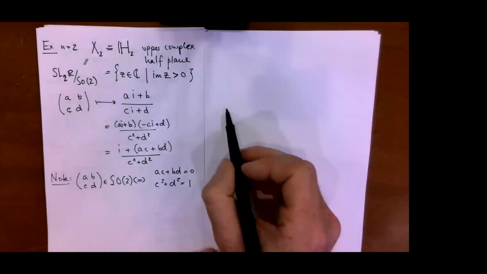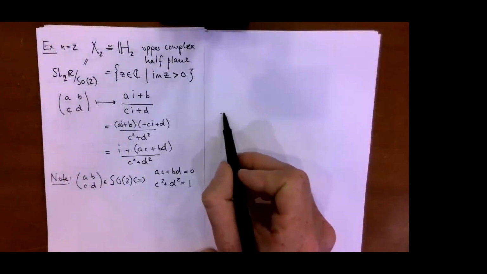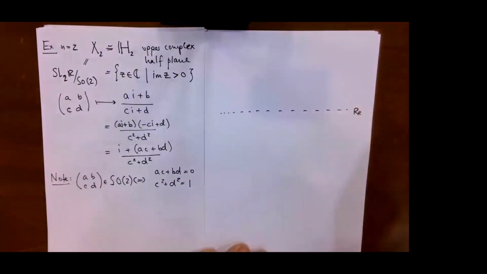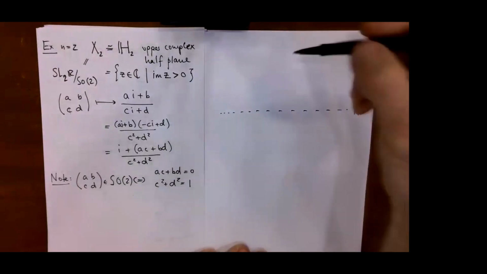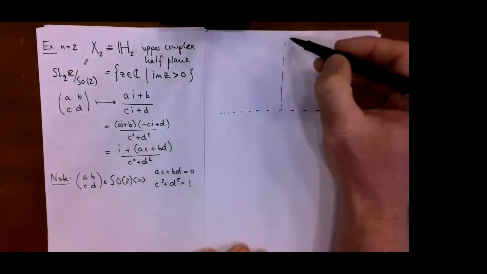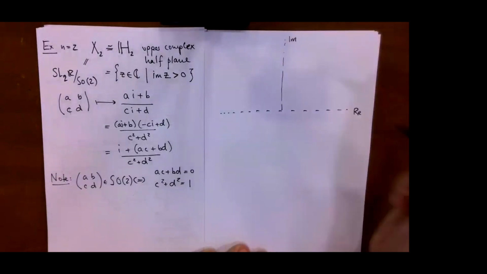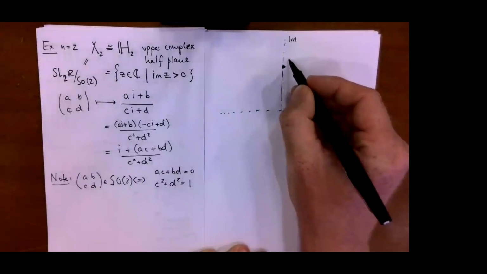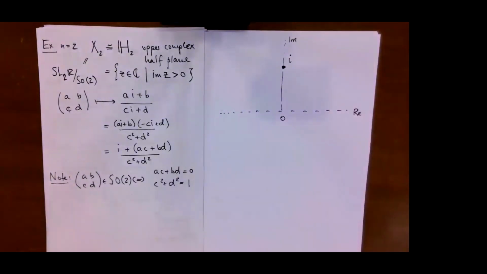Okay, so let me draw a picture. Let this be the real line, and I draw it dotted because it's not included in the half plane, right? And now this is the imaginary line. Here I have 0, here I have the point i.